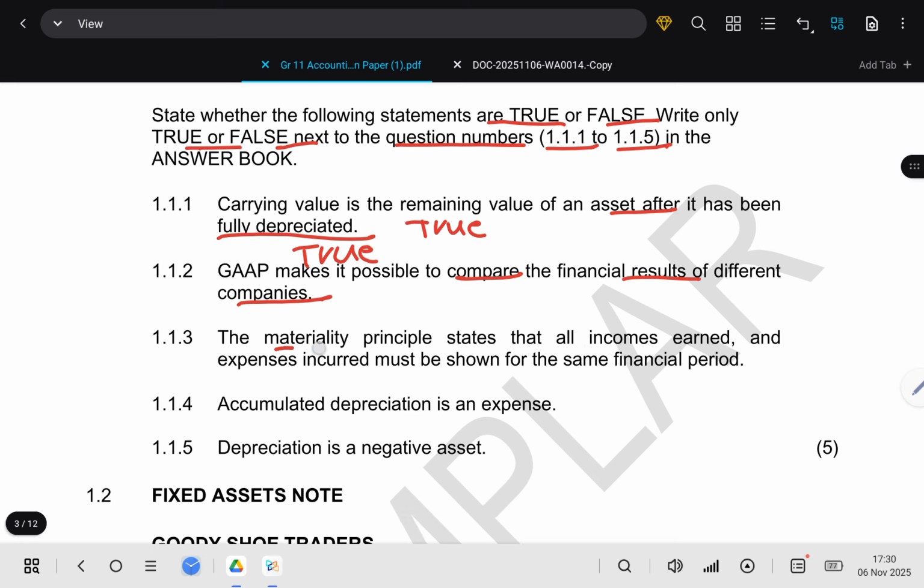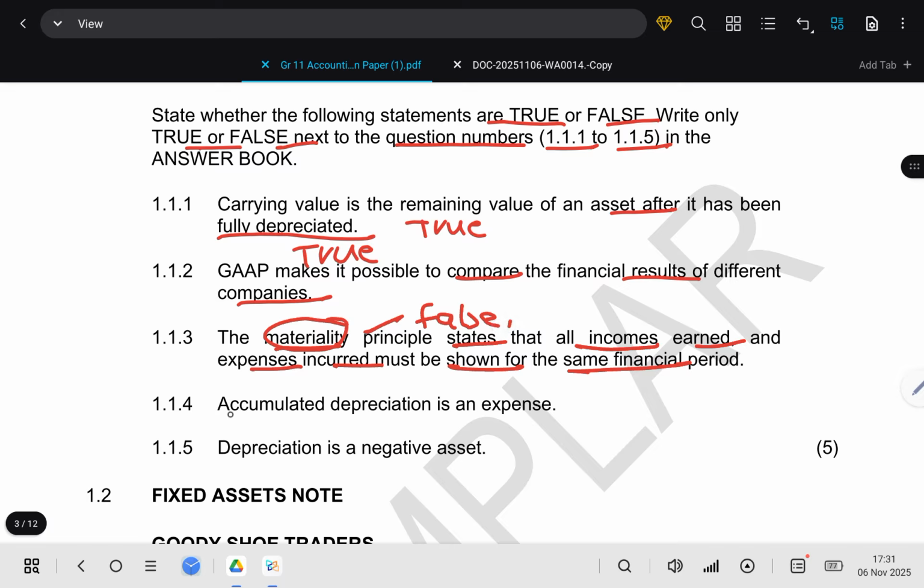Next, they're saying the materiality principle states that all incomes and expenses incurred must be shown for the same financial period. Now, this statement simply speaks about matching our incomes with our expenses. Now, you can already see that the statement will be false because it speaks about materiality. The correct principle is matching, so the correct answer here will be false.